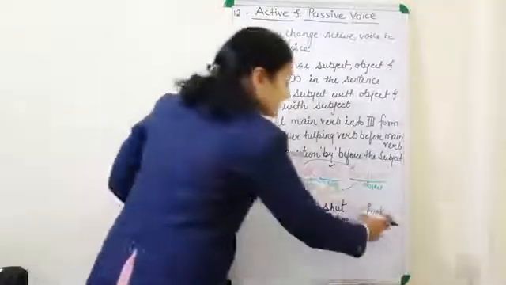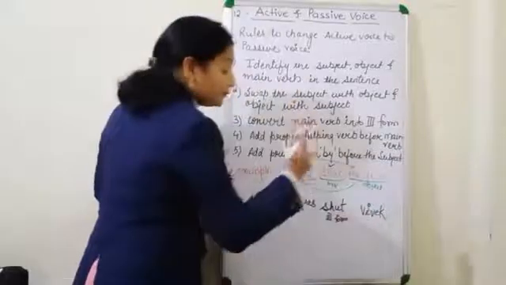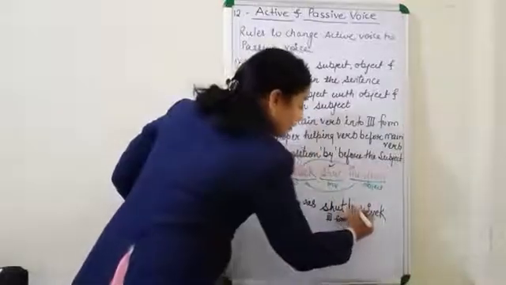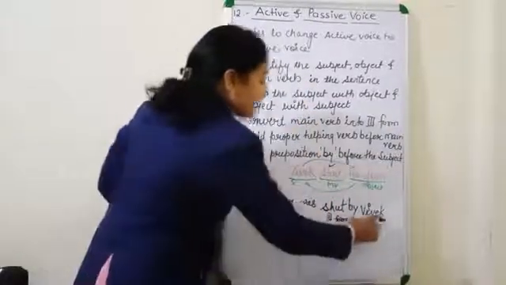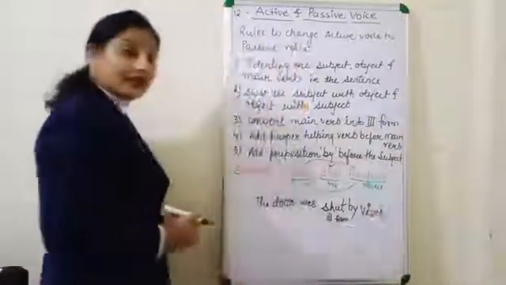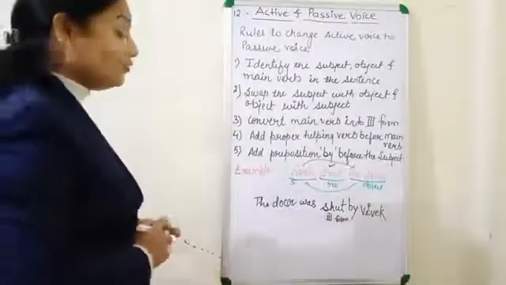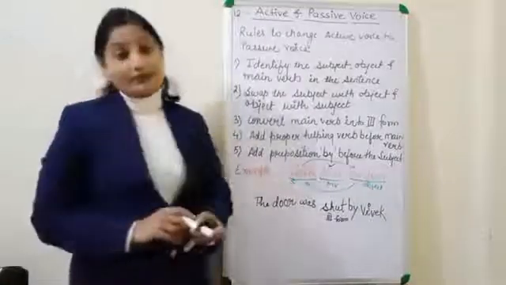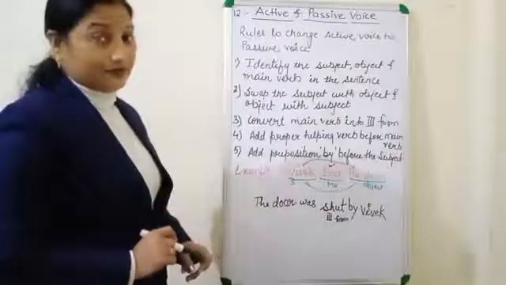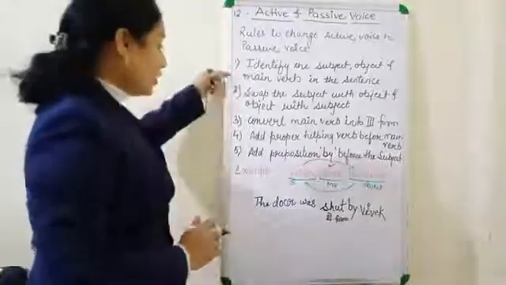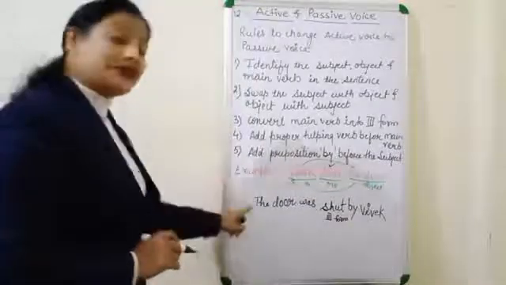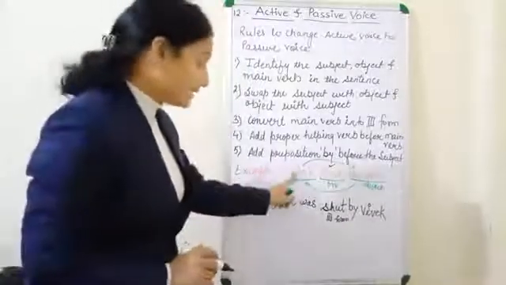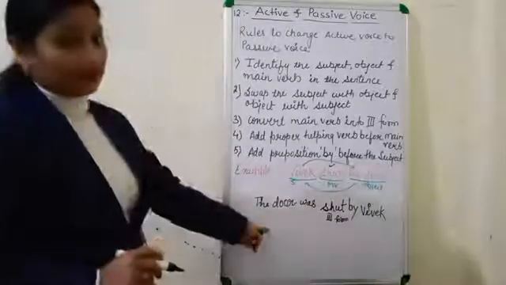So, before the subject, we have to add one preposition and that is by. Now, see, the sentence is completed. The door was shut by Vivek. So, this is your passive voice. According to all 5 rules, we have changed our active voice into passive voice.